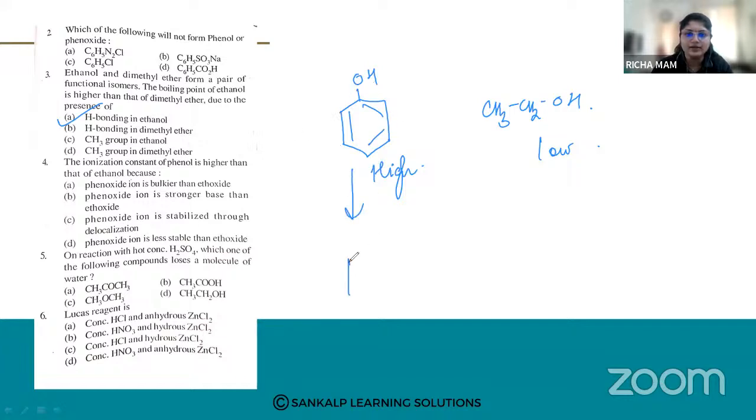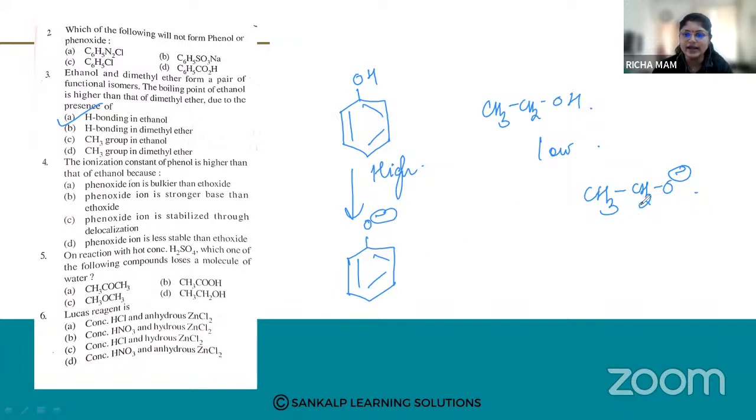Now here, one is your phenol, another is your ethanol. The ionization constant for phenol is high, and this is low. What is the reason? When phenol loses the proton, it will form a phenoxide ion, and here when ethanol loses the proton, it will form CH3CH2O, an alkoxide ion.